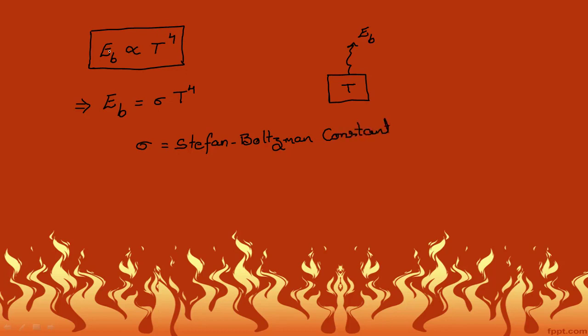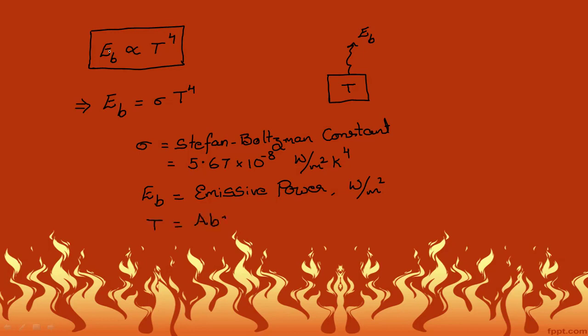The value of this Stefan-Boltzmann constant is always the same, that is 5.67 into 10 raised to the power minus 8 watt per meter square Kelvin power 4, where this emissive power EB will be in watt per meter square. So per unit area we are going to consider, and T is the absolute temperature in Kelvin.